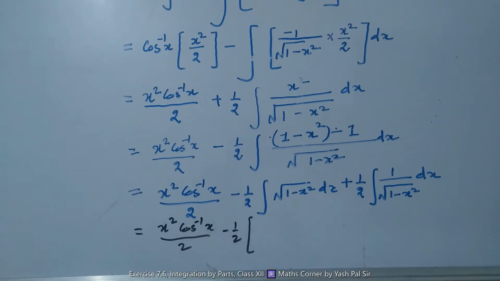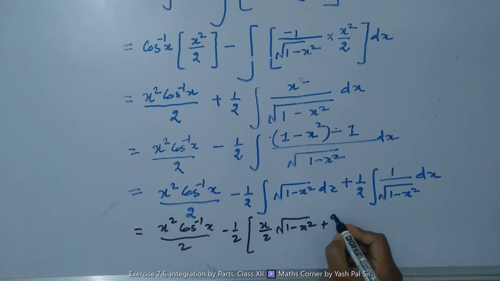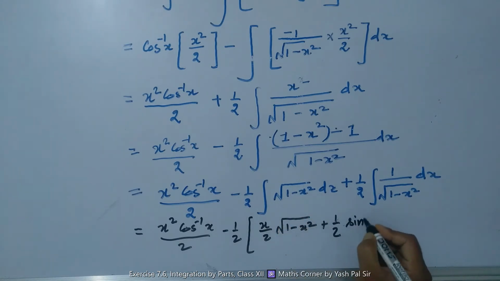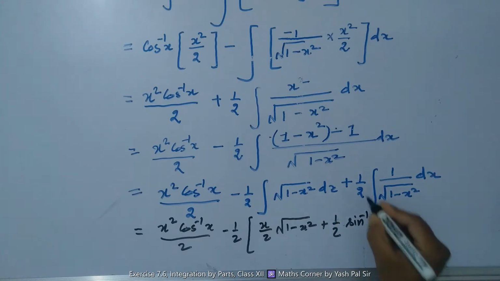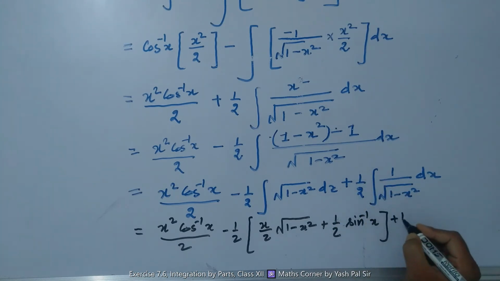So what rule we have discussed here, a square minus x square, what is that? That is x upon 2 into square root of a square minus x square, that is 1 minus x square, plus a square by 2, a square is 1, 1 upon 2 sin inverse of x upon a, which is x. Further we have 1 upon 2 plus 1 upon 2.